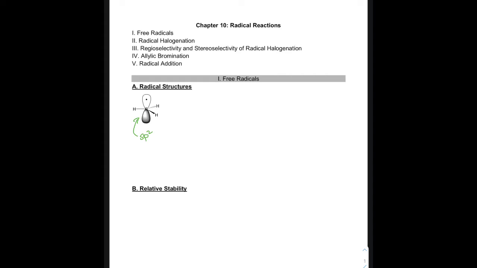This is indeed a p orbital. Okay, and another thing we might notice just by looking at the simplest form of radical species, the methyl radical, is that it does not meet the octet, right?